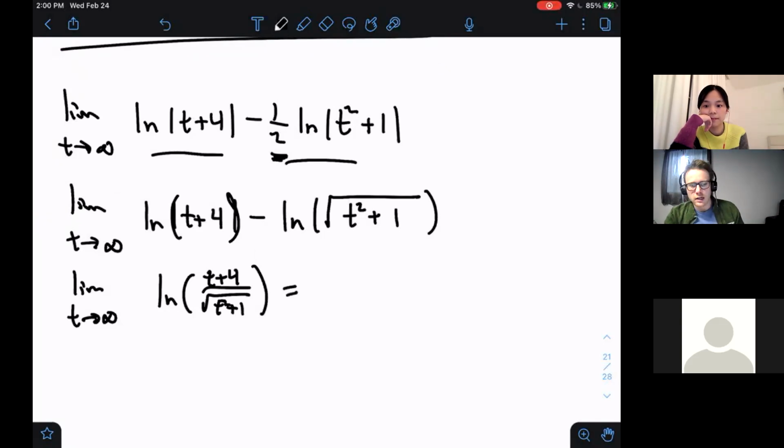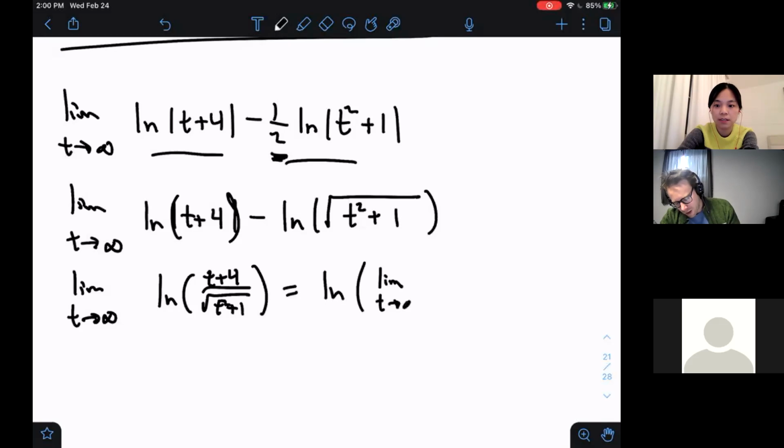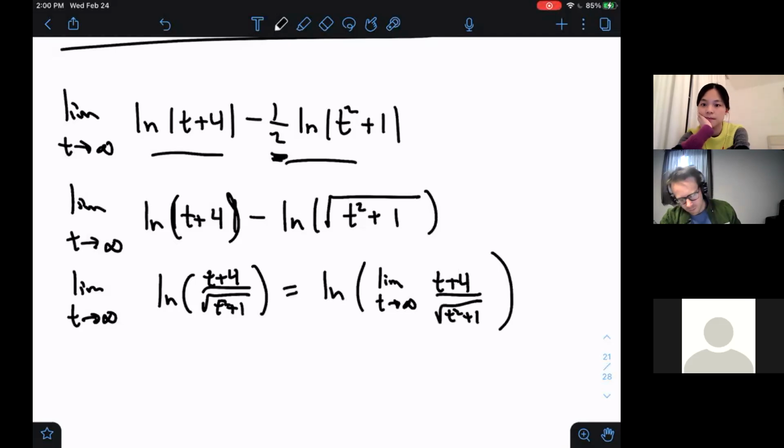Luckily, we saw in class several times, when we were using L'Hopital's rule, that there were some cases where you were allowed to push your limit inside of a function. Just look at this bit here. So I'm going to push my limit inside of my function. Does anyone remember what the condition was?